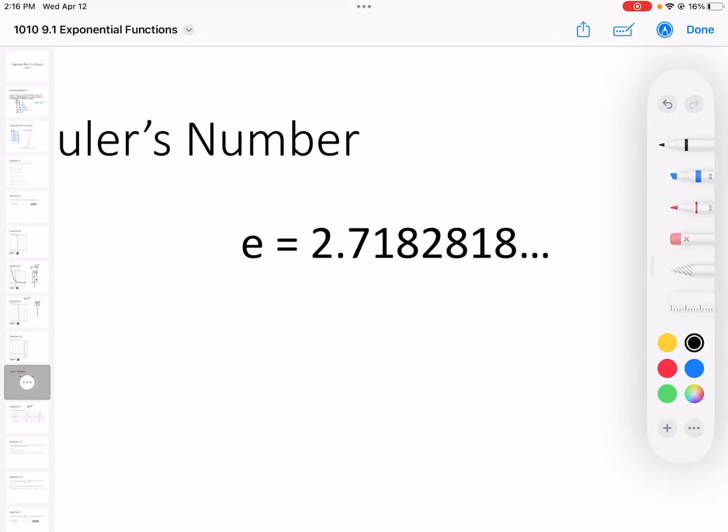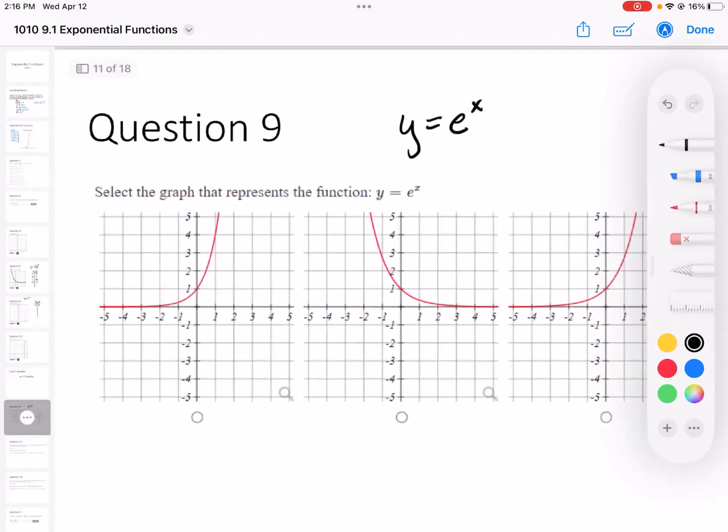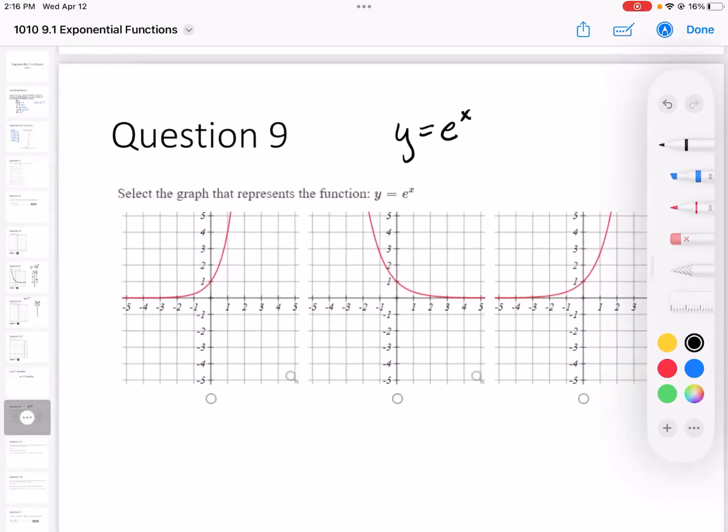So there's a lot of applications for this number, but you will see it on a couple questions on your homework. So on question 9, when they ask us to graph y equals e to the x, just know that e is a number. It's not a variable, it's a specific number that's 2.71 whatever.